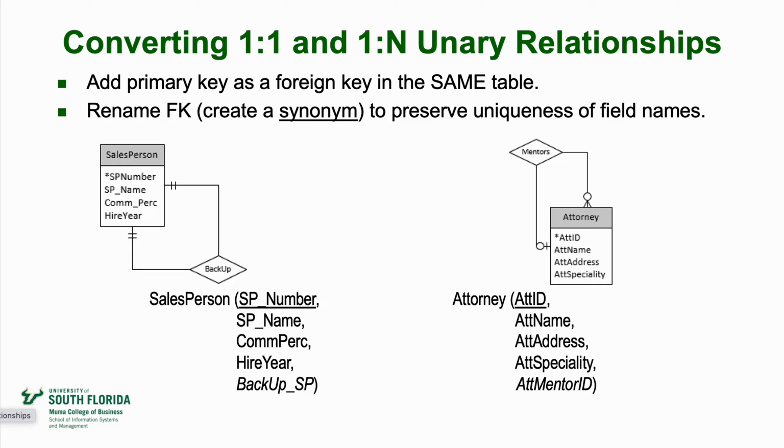The left represents the rule that every salesperson must have exactly one backup and must be the backup of exactly one other salesperson. The right one represents the rules that an attorney can mentor any number of attorneys, including none, and that an attorney can be mentored by at most one other attorney. The solution in both cases is to add the primary key of the table as a foreign key to that same table.